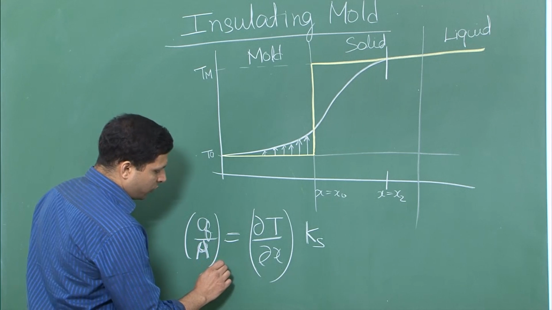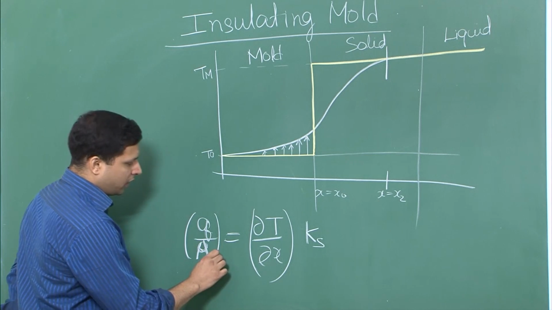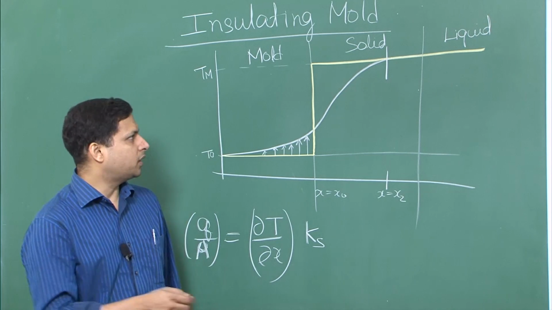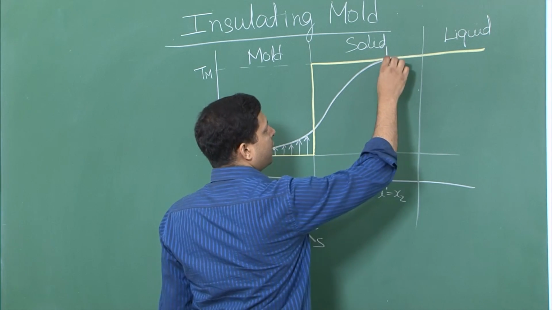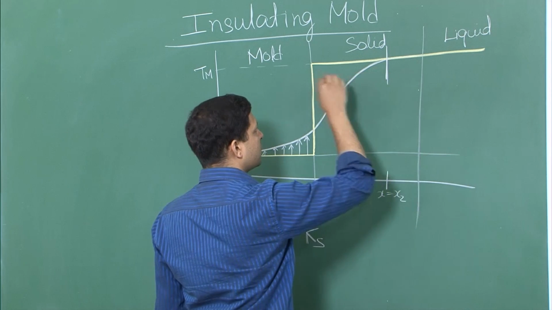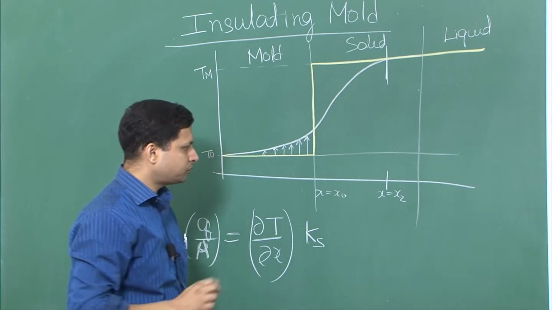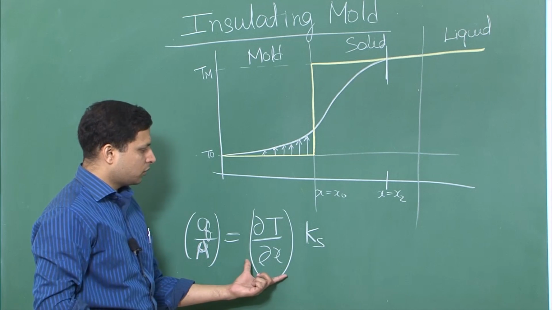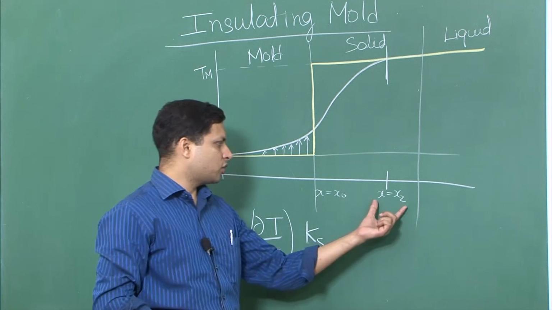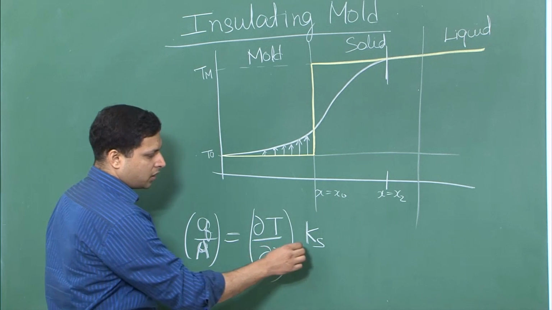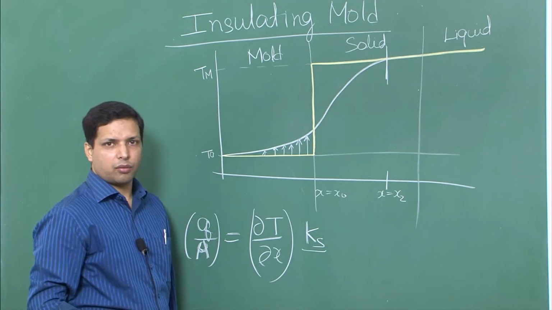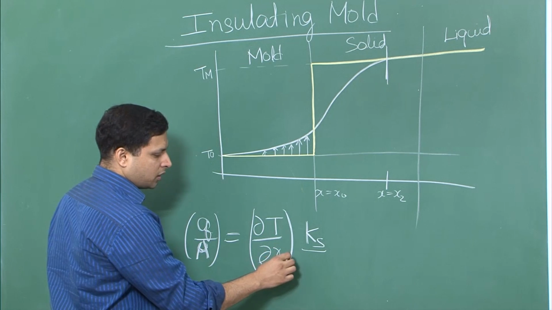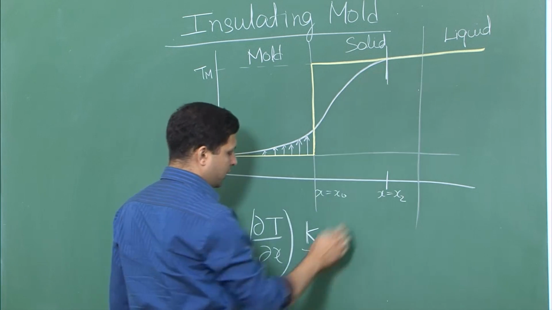Now over here what do you see? q over A, which is the amount of heat going in per unit area per unit time into a particular interface. So let us say we are comparing this versus this. Now this is at x equal to x2. What is different at x2 versus x0? This is not different, this is a material property, so it is constant. This is different: delta T over delta x is small over here.